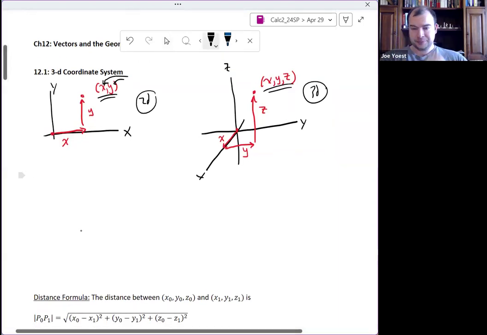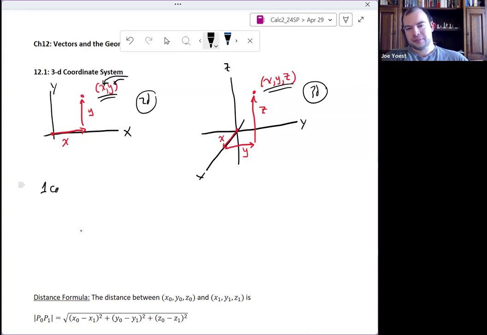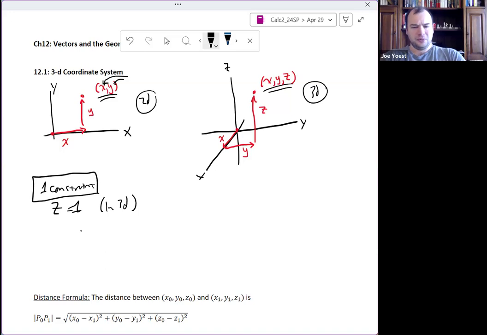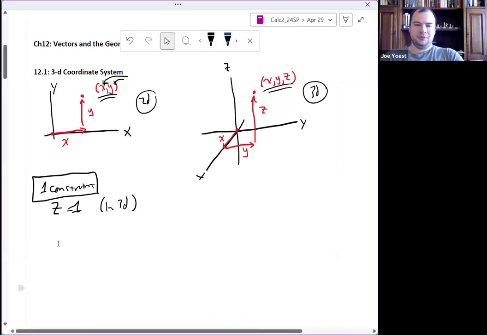If I impose a constraint, say for instance, z equals 1 in 3D, then what does that mean?